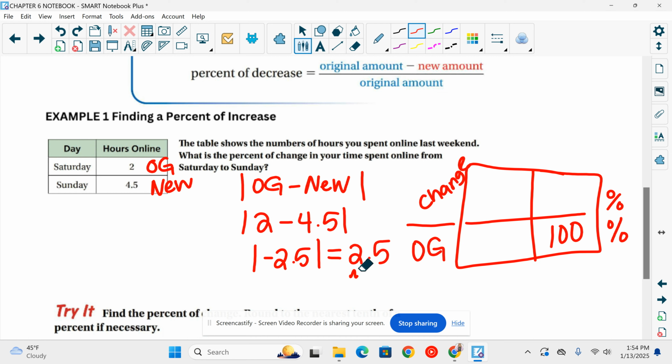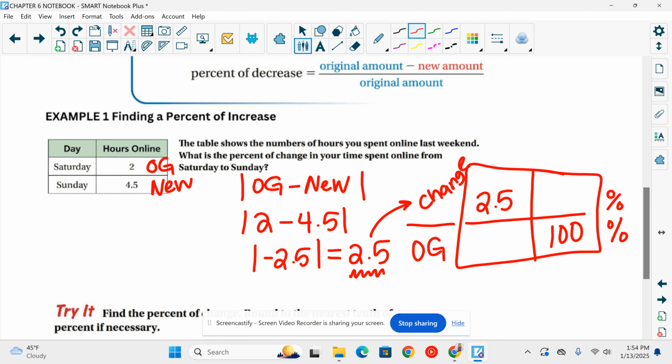So 2.5 right here represents how much the difference, the change. Okay, so it's going to go in this box, in the change box. What's going to go in the original box?